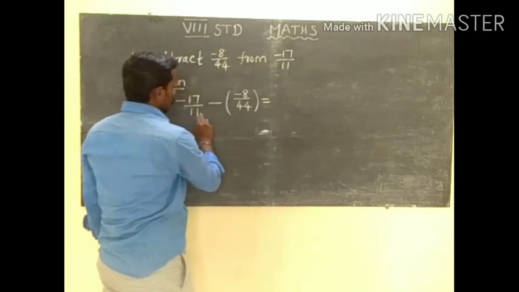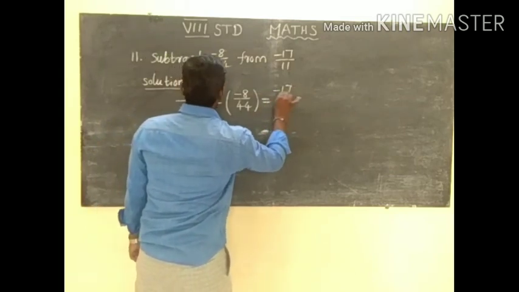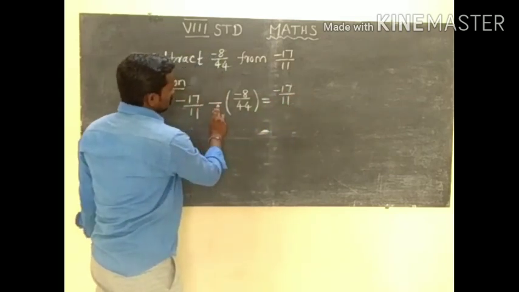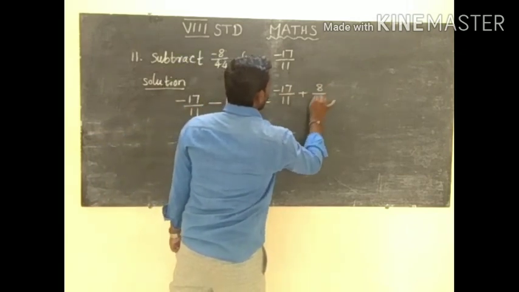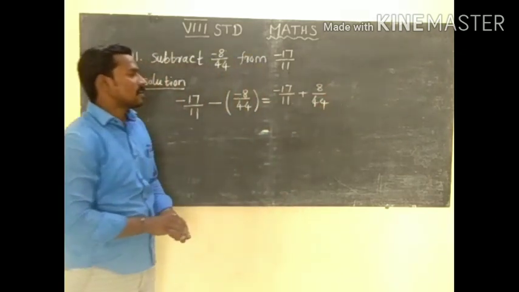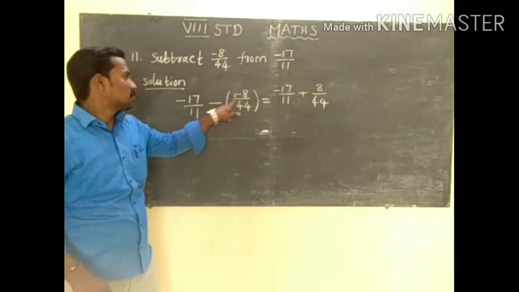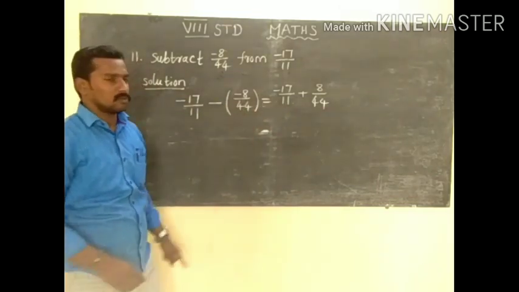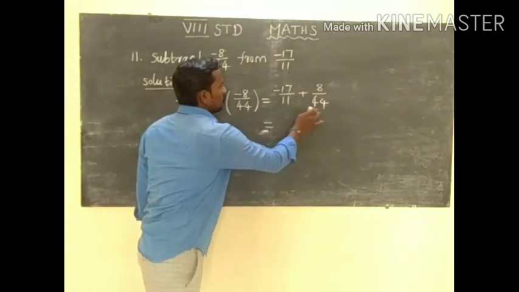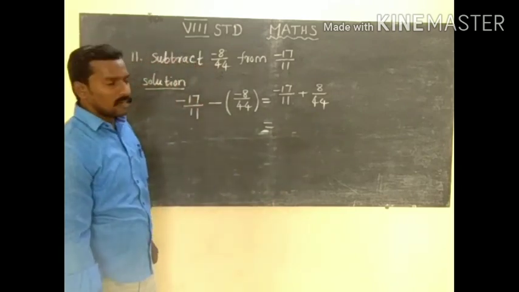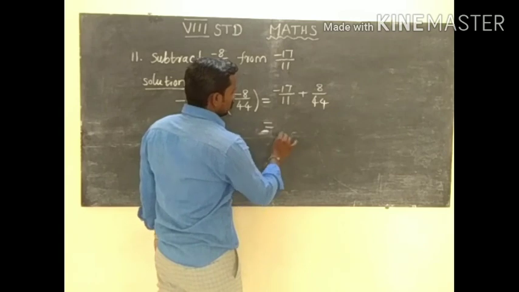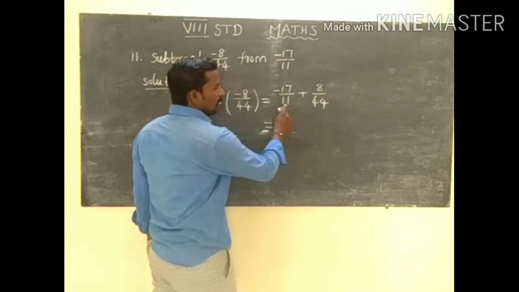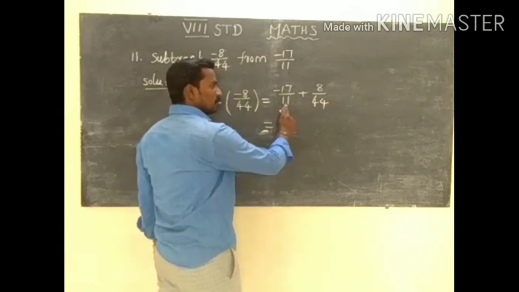This is equal to minus 17 by 11, minus into minus, plus 8 by 44. Have you understood the step? Minus into minus is plus 8 by 44. Next, consider both denominators. Both are different, so find the like fraction. This 11 multiplied by 4 gives 44.